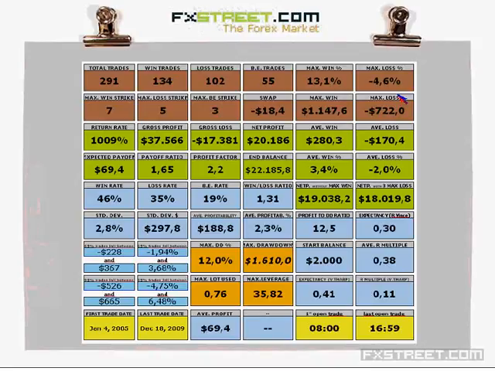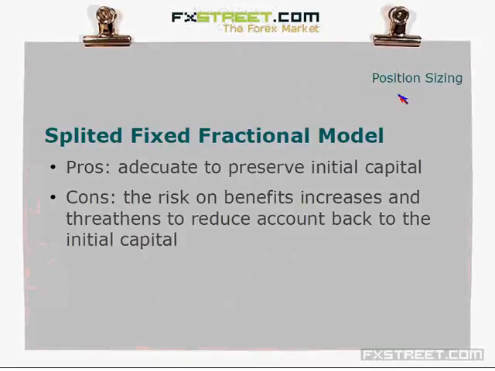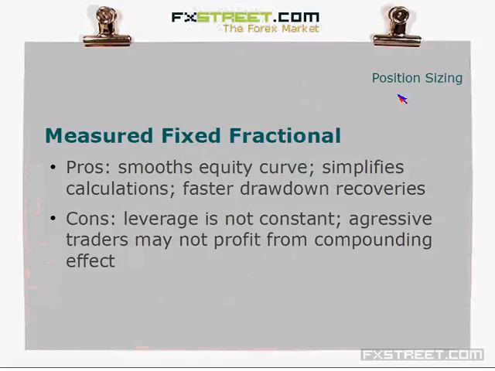Also, the statistics will show you the standard deviation, which is much lower than in the pure fixed fractional. Basically, it smooths the equity curve. It's one of the advantages, and it simplifies calculations as well, because you don't have to recalculate the position size after each trade. You do it only after the account increases by a certain amount.